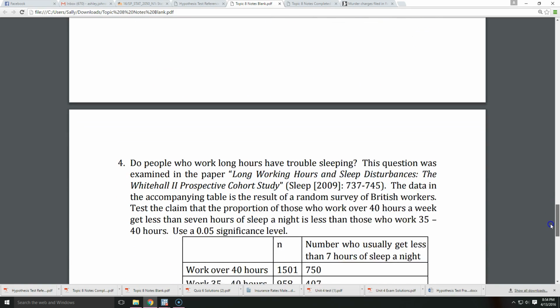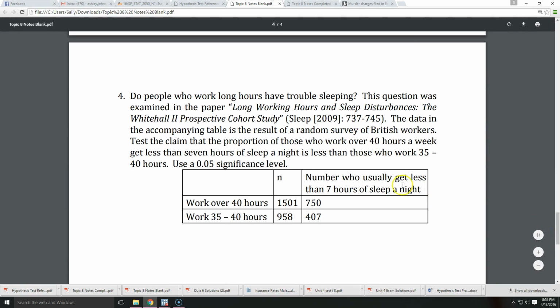And this last problem is going to have a high p-value, so don't stress out, but I recommend finding the sample proportions in order to convince yourself that that high p-value makes sense.